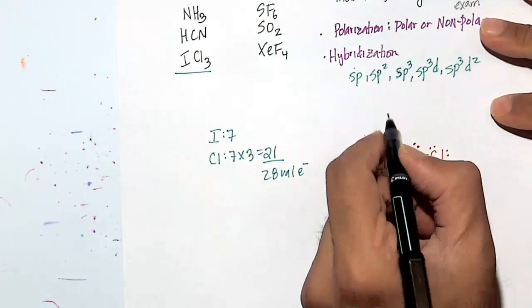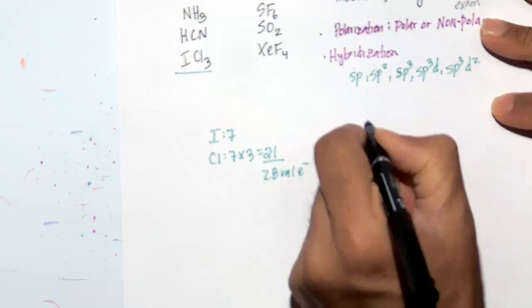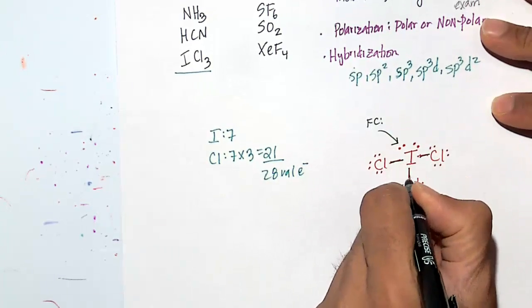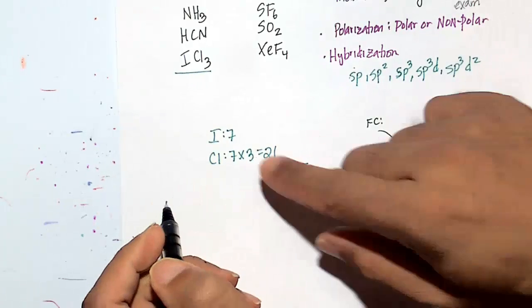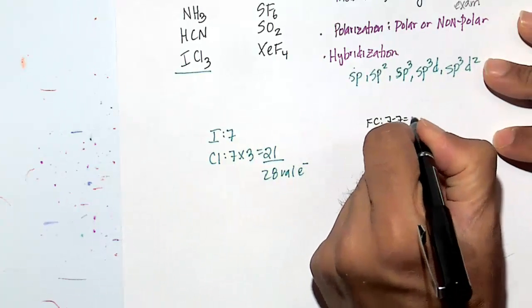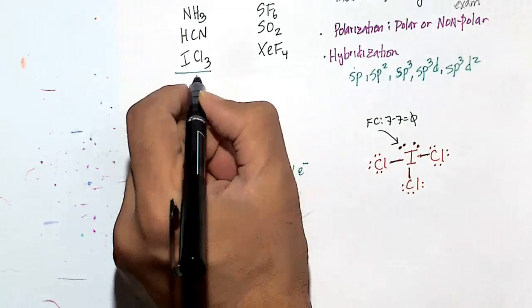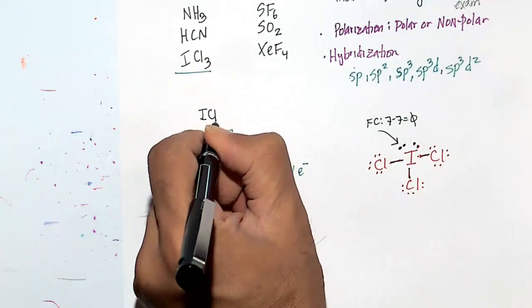Okay, so let's look at the formal charge of this iodine. Okay, count with me. Formal charge. 1, 2, 3, 4, 5, 6, 7. What is iodine happy at? 7. What's 7 minus 7? 0. See? 0 formal charge. ICl3 has no charge, 0 charge. Okay?